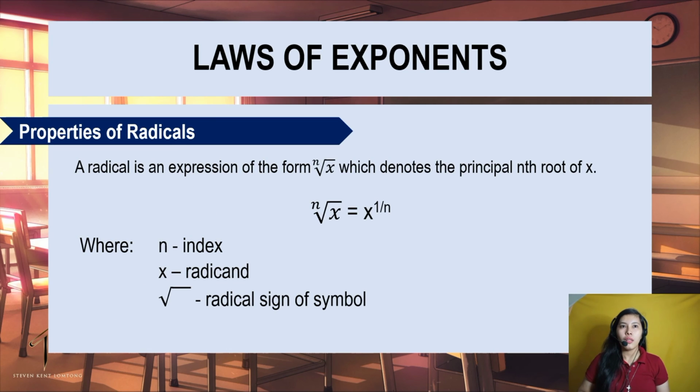Now we have properties of radicals. A radical is an expression of the form nth root of x, which denotes the principal nth root of x. So, the nth root of x is equal to x raised to 1 over n, where n is the index, x is the radicand, and this is the radical sign or symbol.